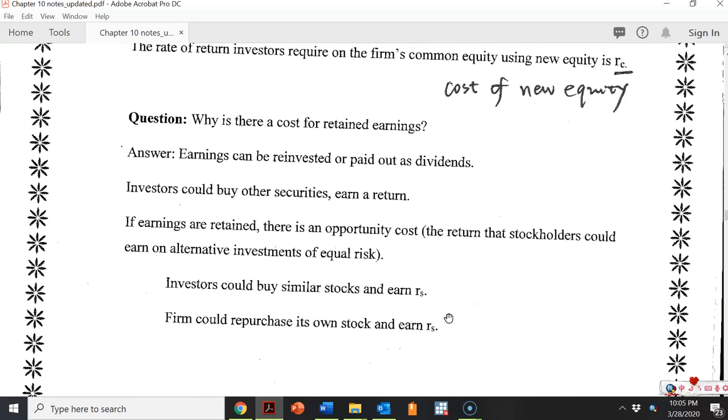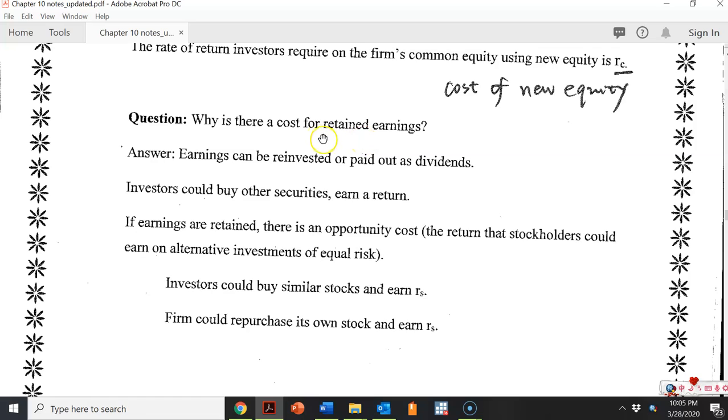So this is why we say the cost of common equity is actually an opportunity cost, because these earnings can be reinvested by the firm or paid out to the investor, so the investor could use this money to invest in other investments.